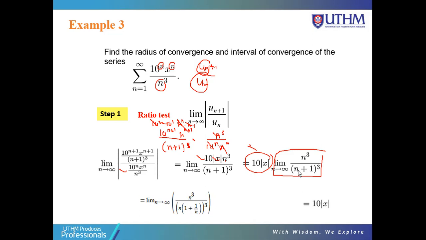When you put infinity here, you need to expand in this form, (n+1)^3, and divide by n^3 throughout. Then you can cancel and get 1 over (1 plus 1/n)^3. The 1/n goes to 0, so it is 1 over 1, which equals 1.